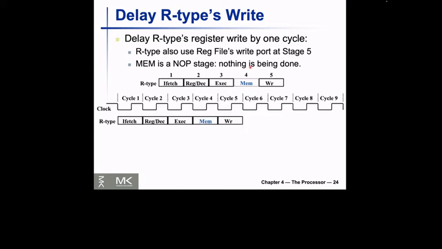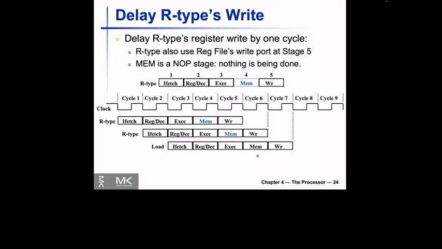After such a simple modification, when we have a load instruction followed by an R-type instruction, at the 7th clock cycle, when the load is processing the write back stage, the R-type instruction is in the memory access stage. So there's no structural hazard in this design. Although we increase the response time for the R-type instruction, because of the pipeline, the throughput still improves.